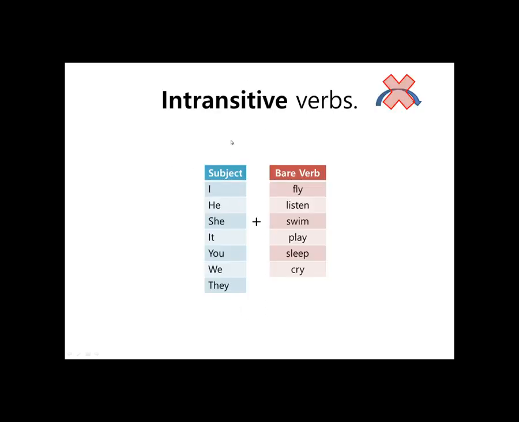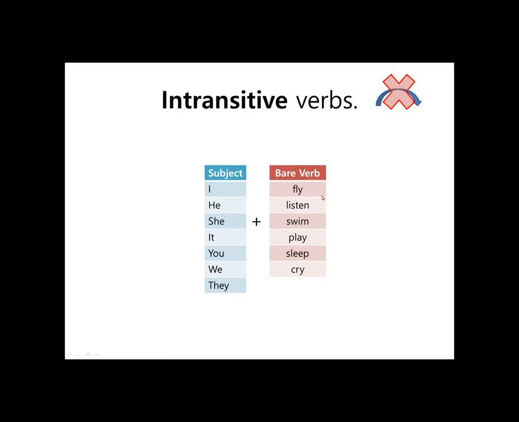Okay, good. Now we will learn about intransitive verbs. This is a little easier. Look at these grammar tables. With an intransitive verb, we have our subject, and then we have our verbs here. And there's no object.